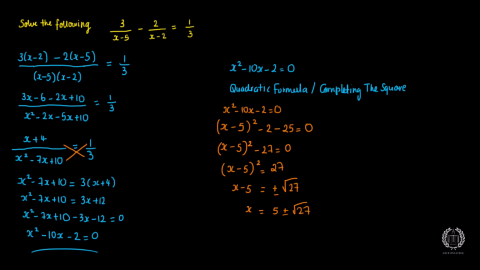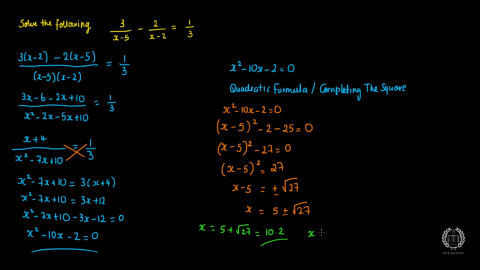So you're going to have two answers here, right? Your first answer is going to be x equals 5 plus square root 27. You put that in your calculator, and you will get an answer. Say we'll go for three significant figures. So this will be 10.2. That's one answer.